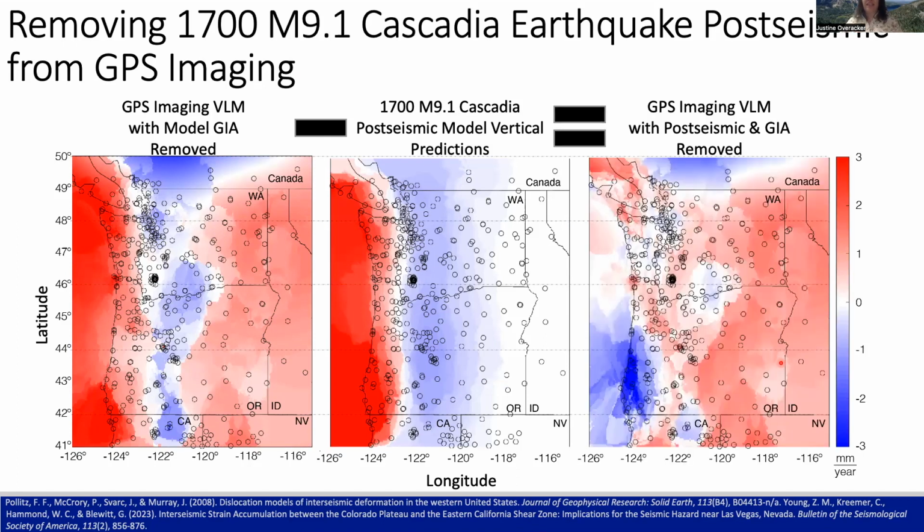So here is the GIA-corrected, postseismic-corrected vertical land motion field. And you can probably tell, most of that subsidence feature is removed. So this really indicates that postseismic deformation in combination with the GIA response is probably the main source for the subsidence signal.